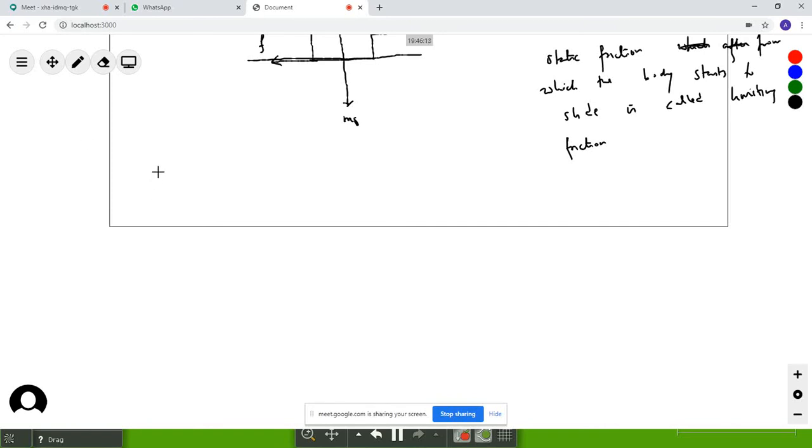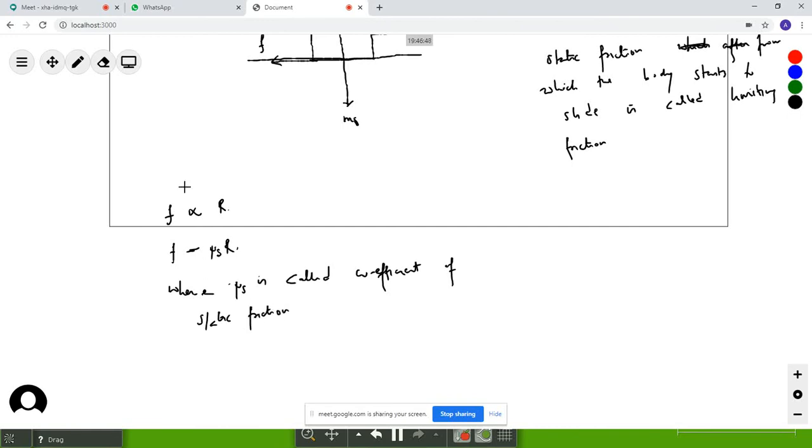Now, what is limiting friction then? Limiting friction, maximum friction, is directly proportional to R. So F equals mu S, static friction, into R, where mu S is called the coefficient of static friction.